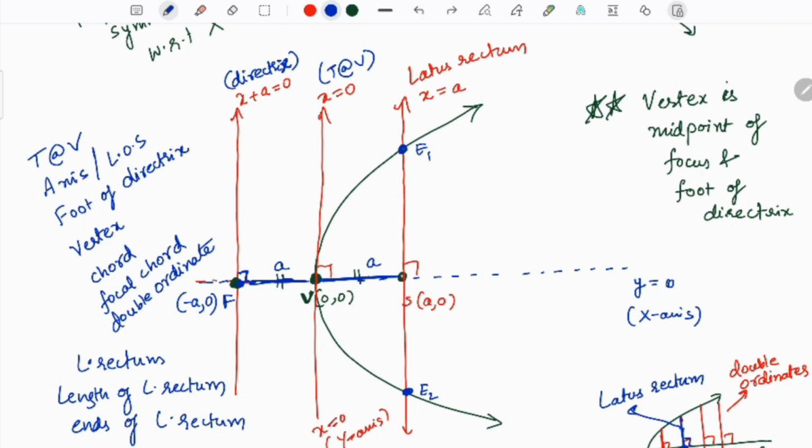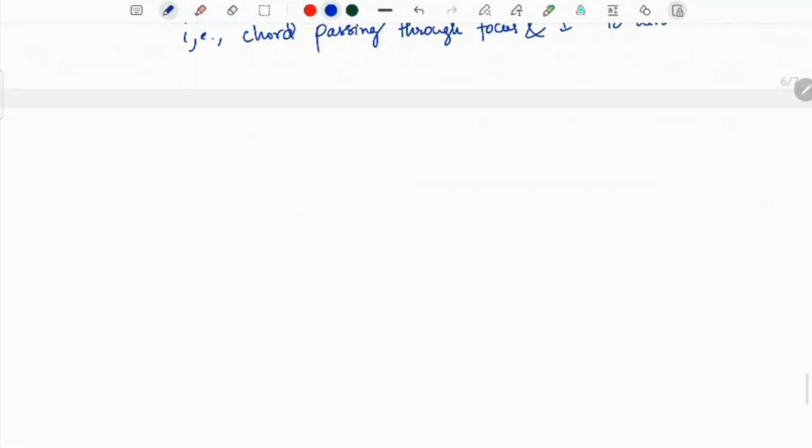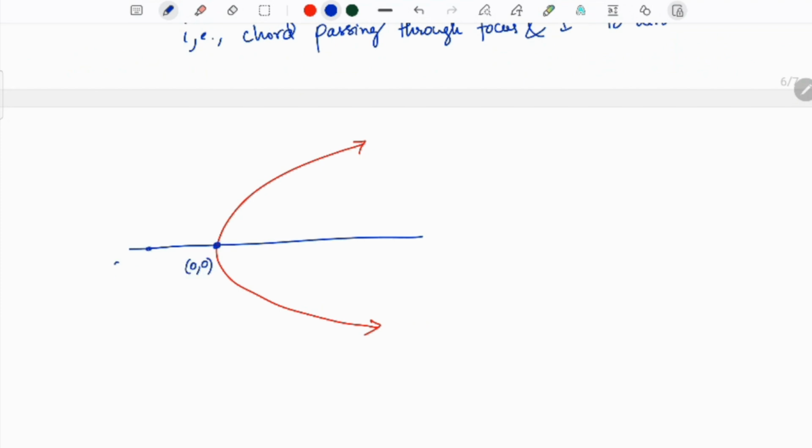How to get E1 and E2 coordinates? I always remember like this. This is line of symmetry, intersection of parabola with line of symmetry is vertex.